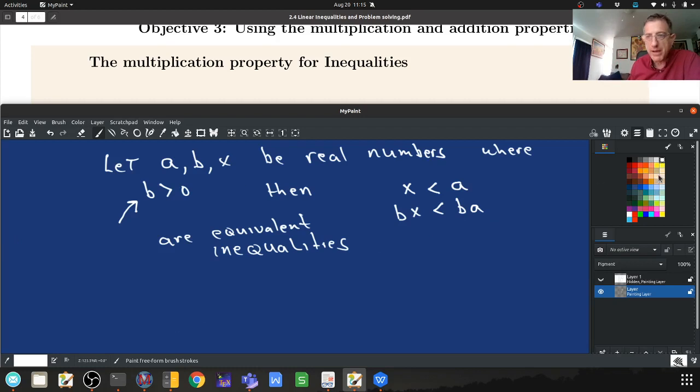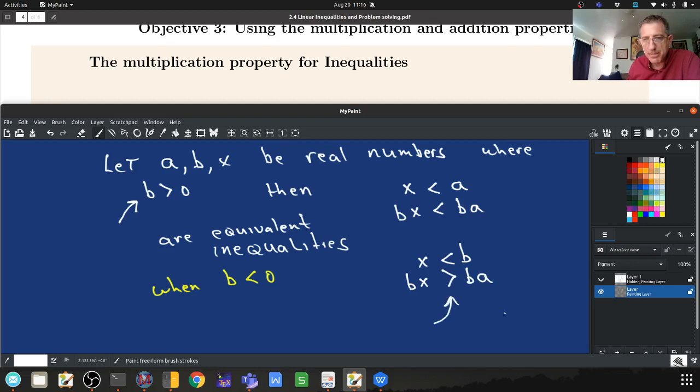But on the other hand, when B is less than 0, we have the following: X less than A and BX greater than BA. Notice what I did there?